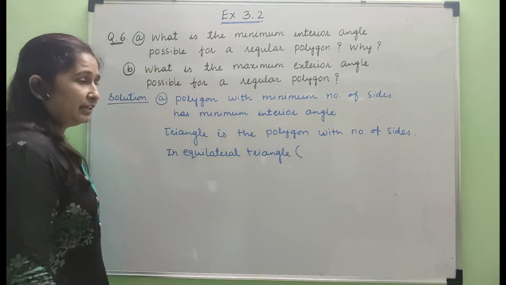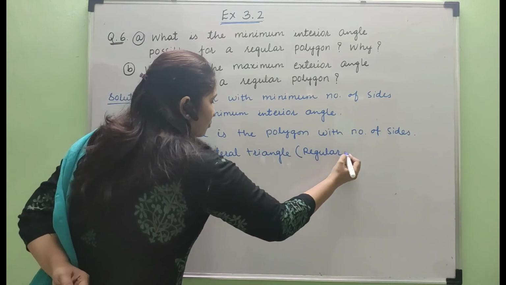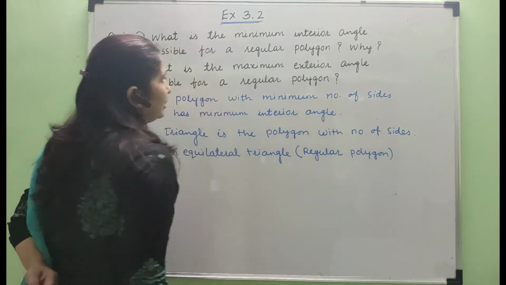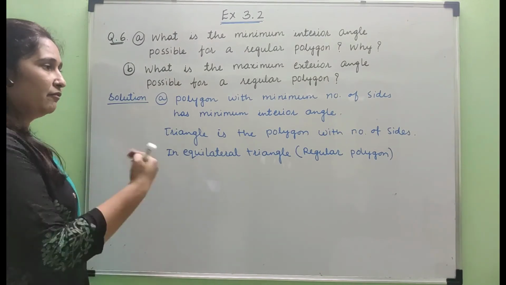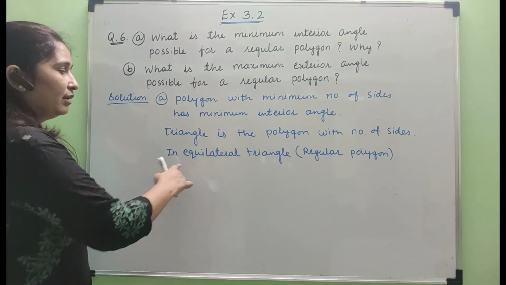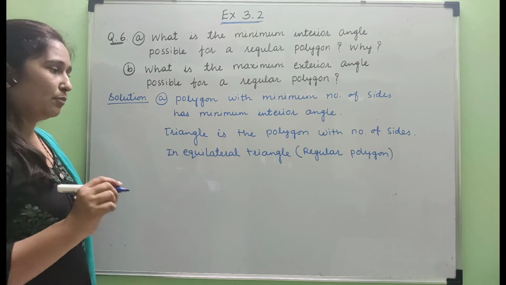In the bracket we will write regular polygon. Why are we choosing the equilateral triangle here? Because in the question they have mentioned that it should be a regular polygon, and when we choose a triangle, it will be an equilateral triangle, because an equilateral triangle is a regular polygon.